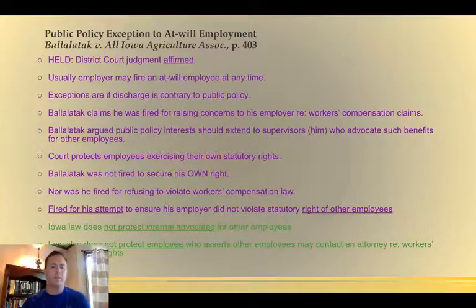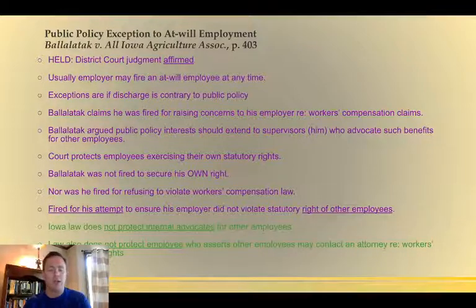so I don't know exactly that it comes out the same way in every single state, but at least in this case, Iowa law and some other states find that this employee was not protected under this public policy exception because it wasn't his right that he was exercising.